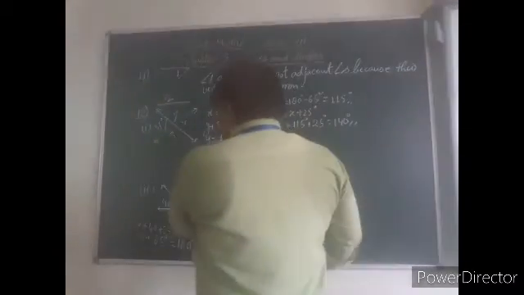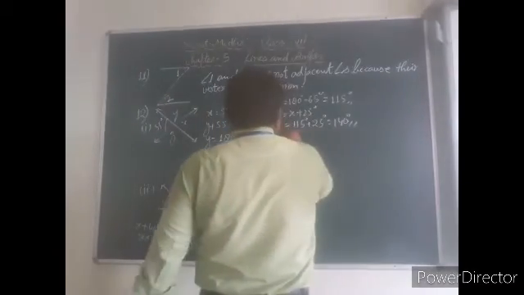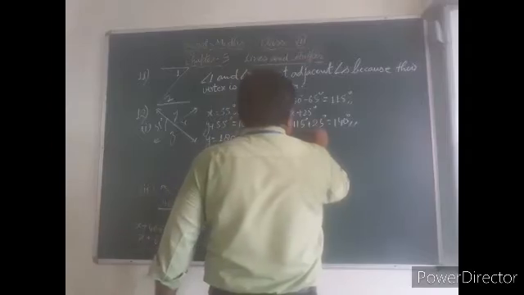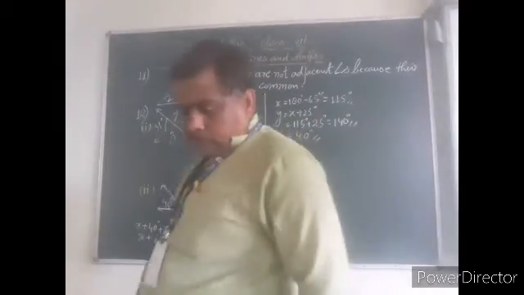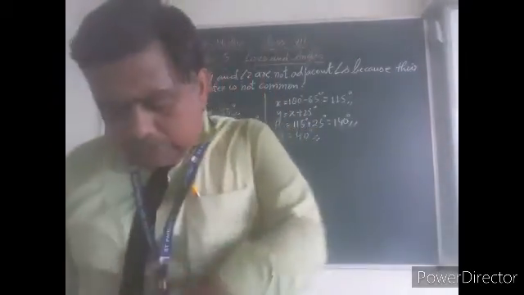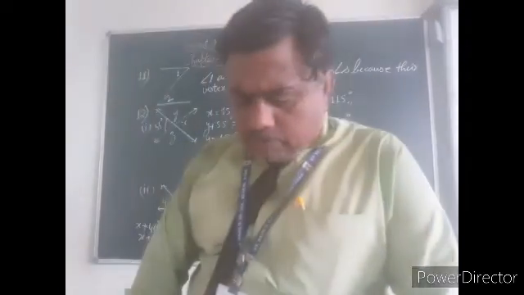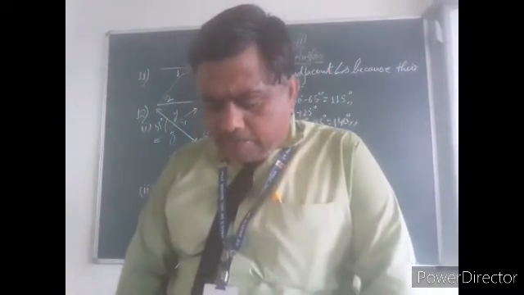Now Z is equal to 40, vertically opposite angles. Fill up, you do by yourself. Question number 13 and 14, do by yourself.